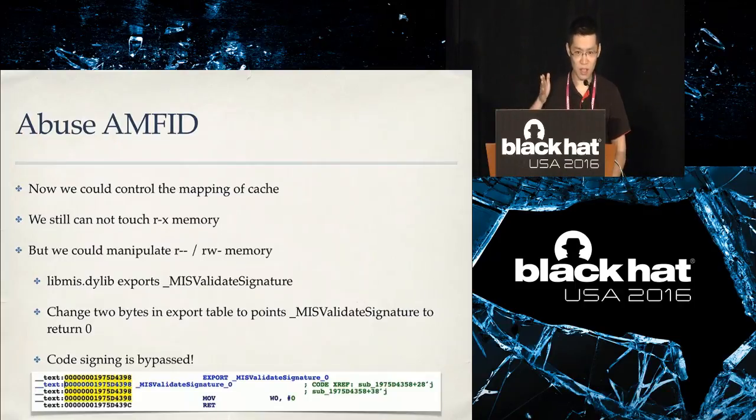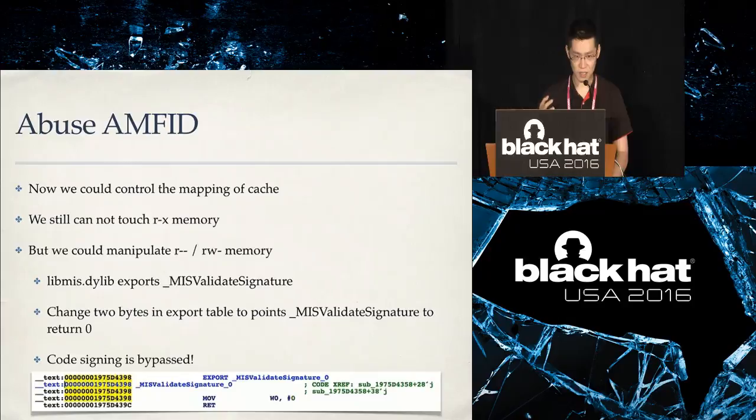If we recall how MFID tests whether it can accept the code signature or not, it actually uses MISValidateSignature. This function is exported by libmis.dylib. Since we could modify the read-only memory, and the export table is located in read-only memory, we just cheat libmis.dylib.